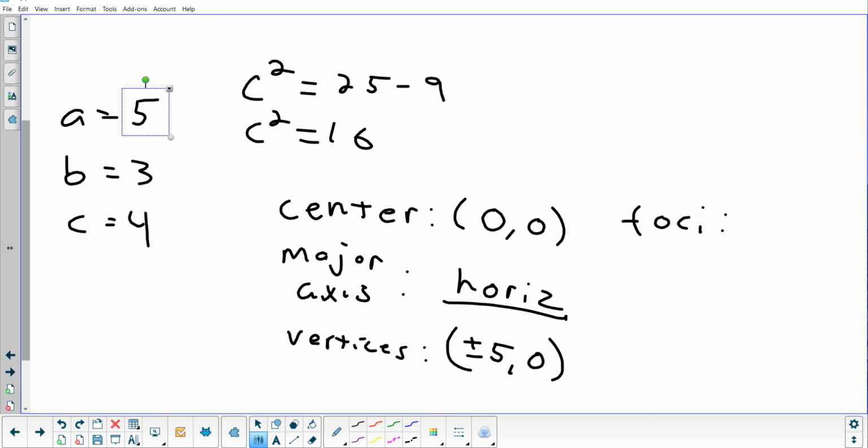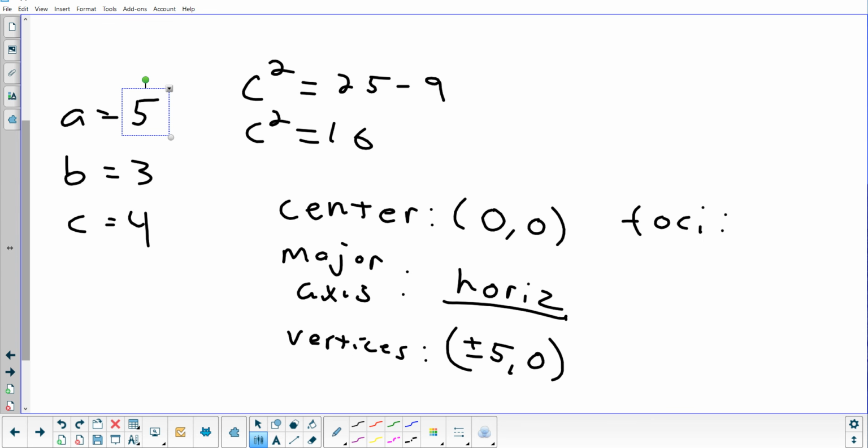And the last thing I'd want to know is the foci. What letter tells us something about the foci? C. So C tells us that the foci are 4 units away. And Bailey, can you explain which way 4 units?